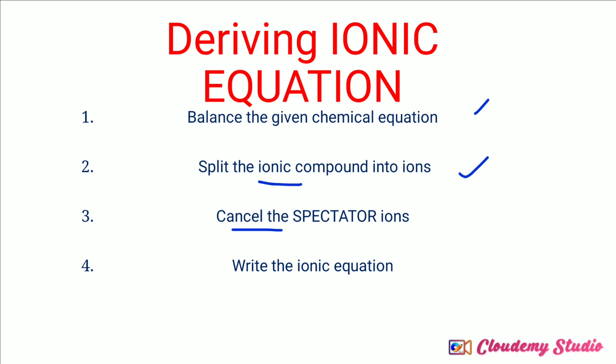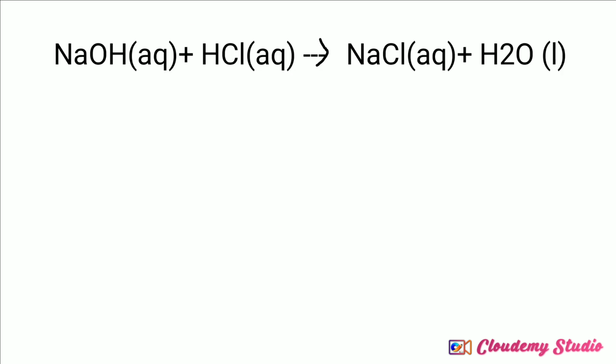So that is the third step. After cancelling out the spectator ions, the species left in the chemical equation we need to write as they are. If we write that, then we will get the ionic equation. These are the steps. So let's write one ionic equation.